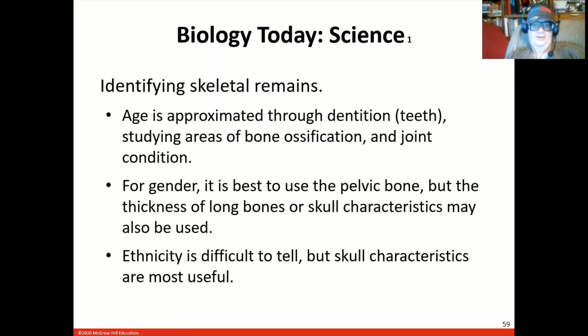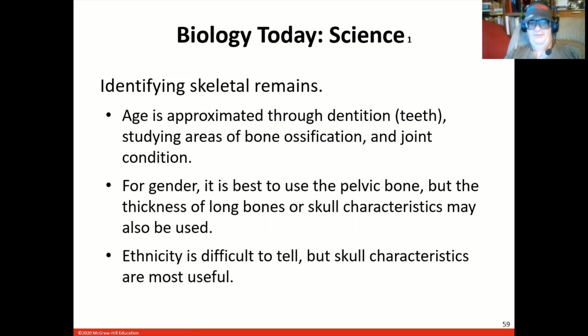So let's talk about how they identify skeletal remains. Age, they can figure out by how the teeth are worn, how ossified the bones are. In a baby, they have less calcium, a lot more cartilage. Anyway, the condition of the joints often tells you about age.